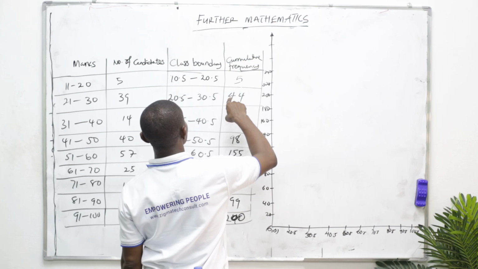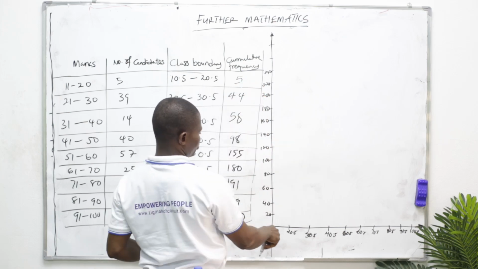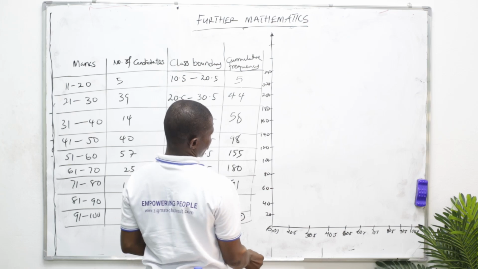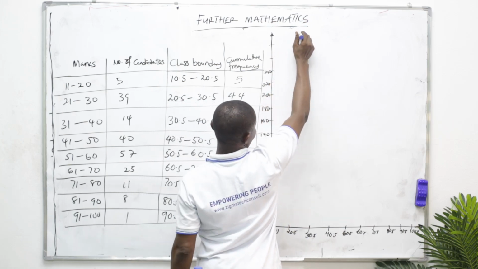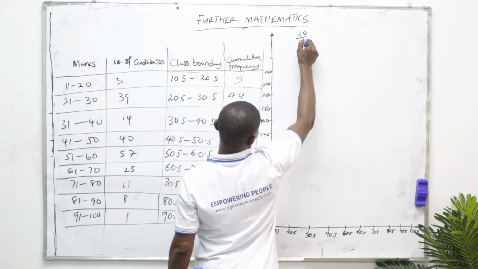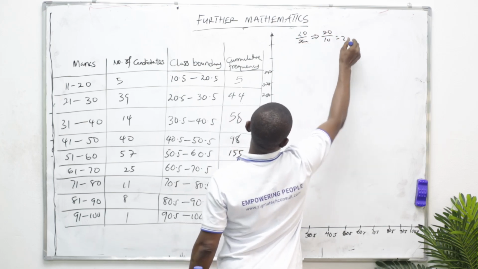So when the cumulative frequency is 5, this was under 20.5. So division of our graph, as usual, what you assigned all over 2cm, this implies 20 over 10 equals 2.